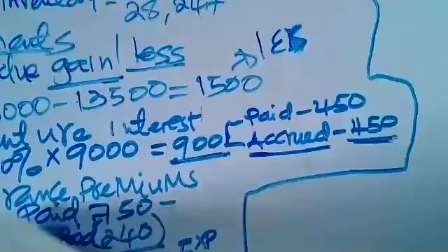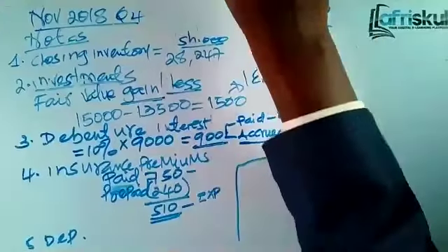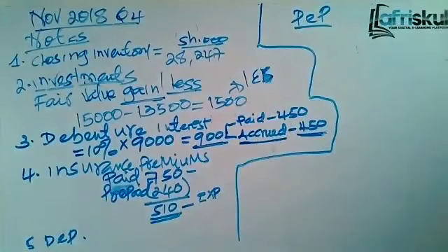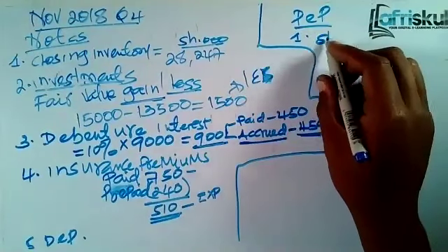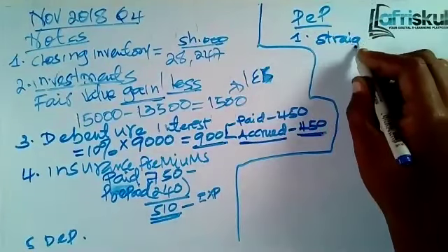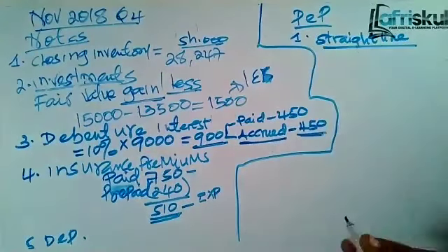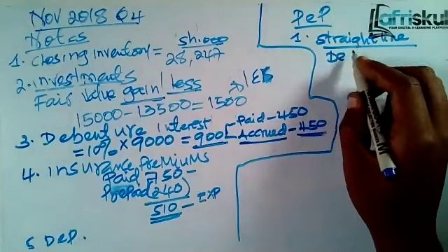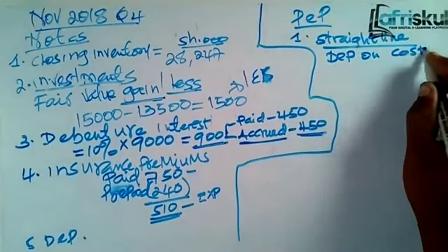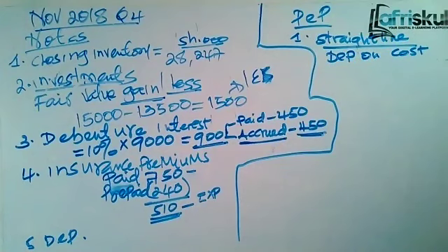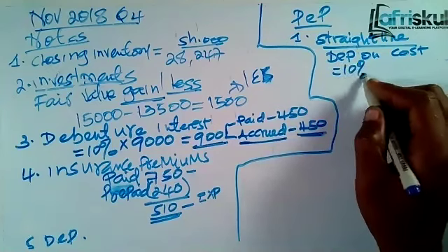So in depreciation, we are having two methods of depreciation. Number 1, we have the straight line method. The straight line method is whereby depreciation is provided on what? On cost. So in our case, we'll just take the 10%.